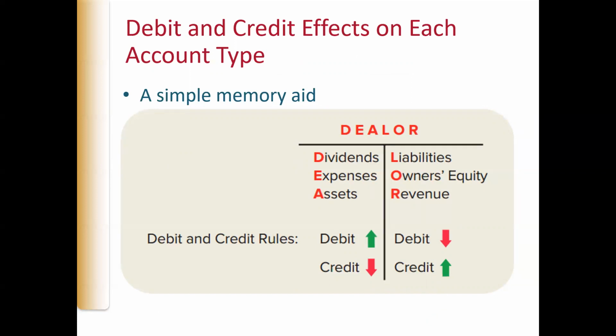LER, liabilities, equity, and revenues have normal credit balances, which means they increase with a credit and they decrease with a debit. This is another great slide to keep near you.